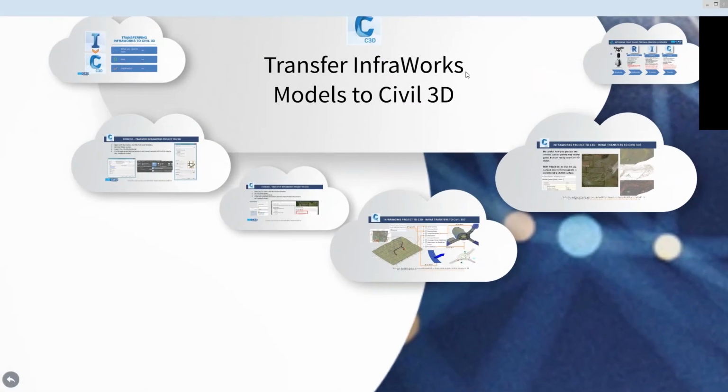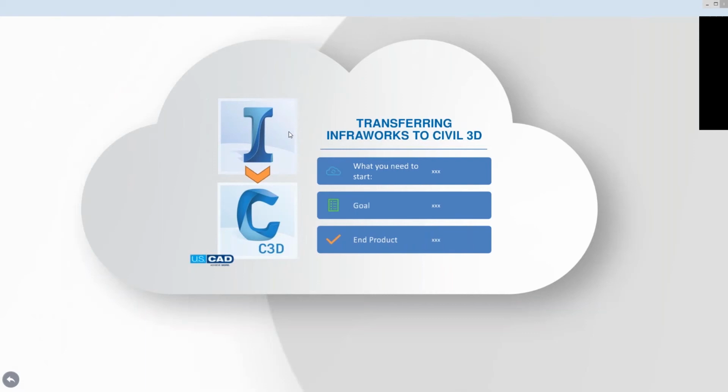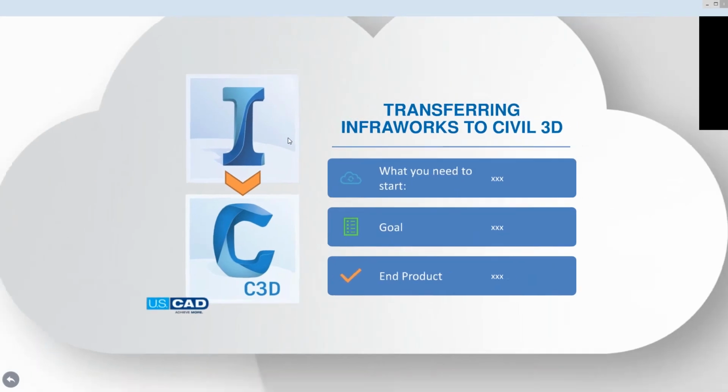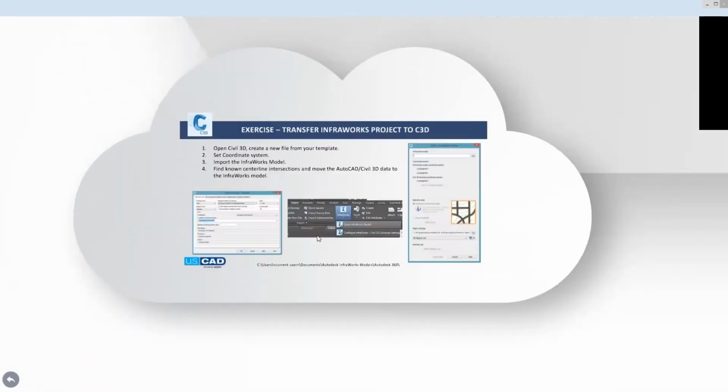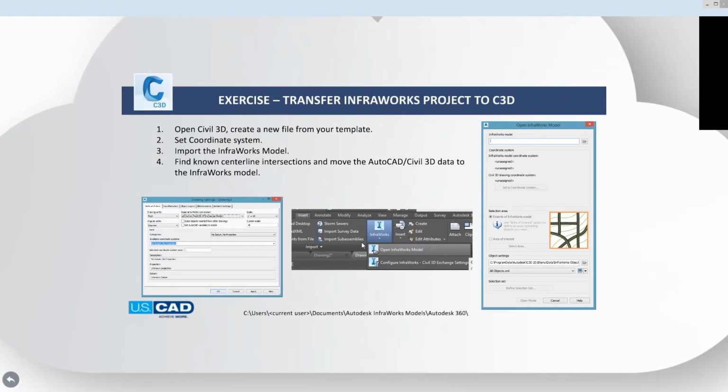So how to transfer from Civil 3D to InfraWorks. It's pretty simple. They actually integrated a tool inside of AutoCAD or Civil 3D. It's on the insert ribbon, and it's called InfraWorks.